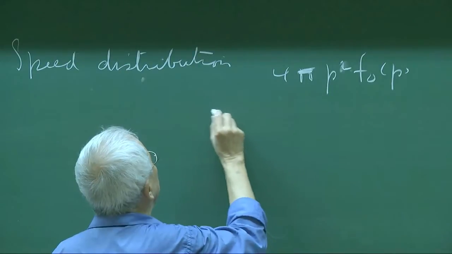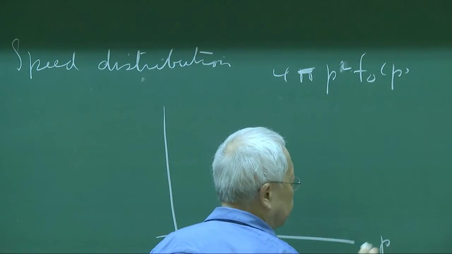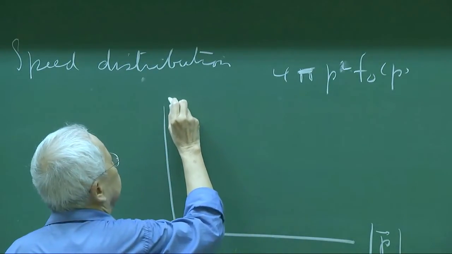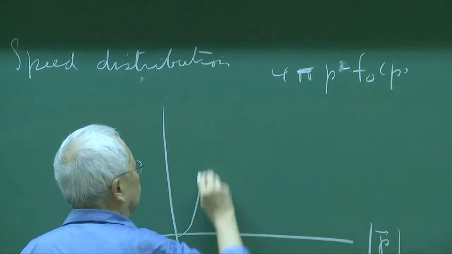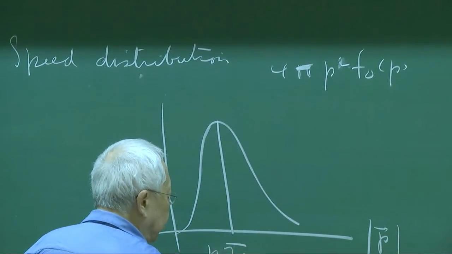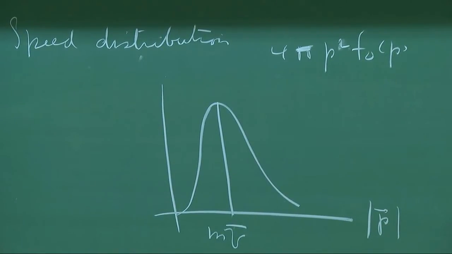If you plot this against p, you get something like this. And this is m times v bar. So we can define the average velocity as the maximum of the peak, the most probable.